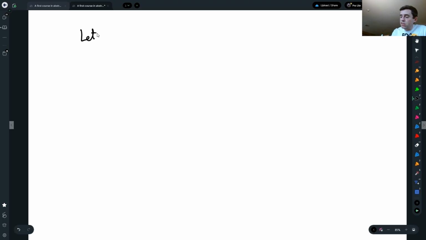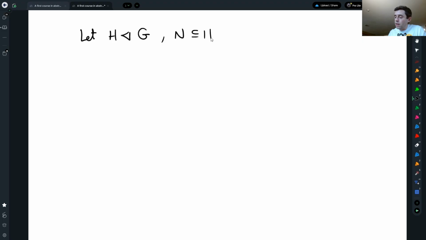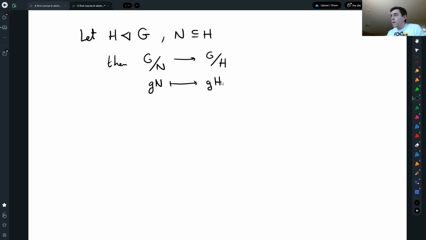So let first H be normal in G, such that N is contained in H. Then we actually have a homomorphism that goes from G modulo N to G modulo H, that sends gN to gH.